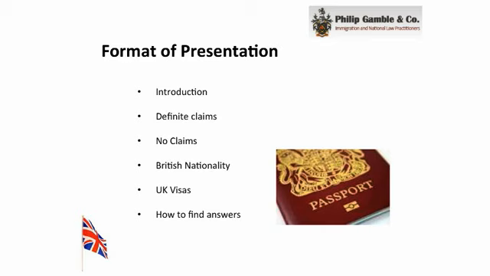I'm also going to cover off on those circumstances where we feel that people have no claim to British nationality. And then I'm going to introduce Philip to you, and he's going to talk about the main laws of British nationality and how you might qualify. He's also going to cover off on UK immigration, and then I'll finish off at the end, give you an idea of how to find out whether you have a claim.